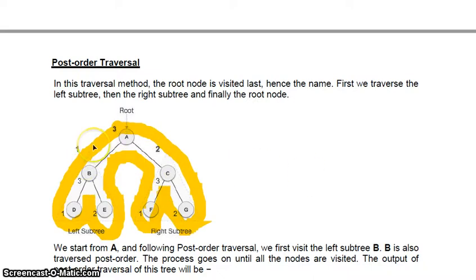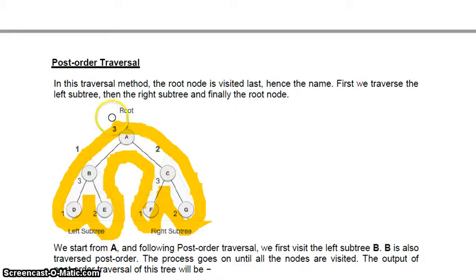Then with respect to post-order traversal, we need to consider only the nodes which are approaching towards the right. As we already did with respect to pre-order traversal, we considered only the nodes approaching towards the left of this path. With post-order traversal, we consider the nodes approaching towards the right of this direction.